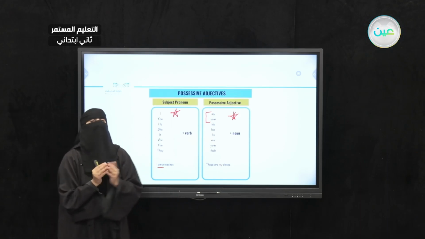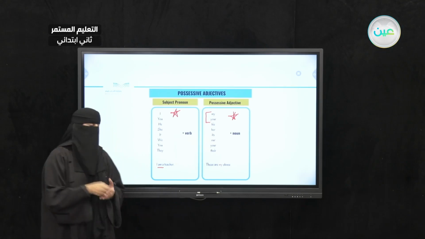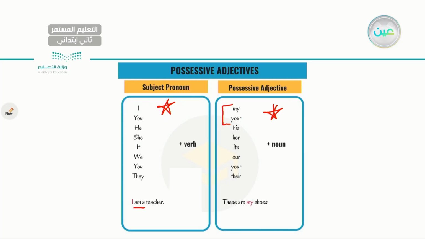You will say it is my book. So after my and your, we will be using a noun. Okay, my shoes, my family, my bag, your book, your house, your homework, and so on. So this is what we mean by possessive adjectives.